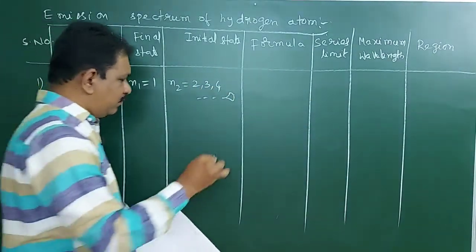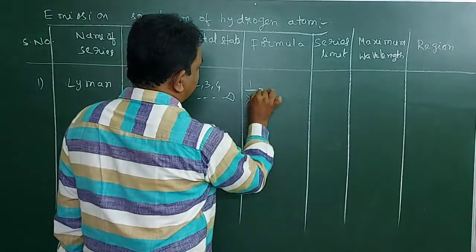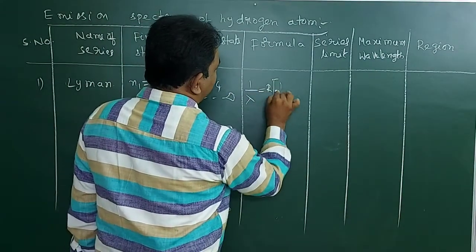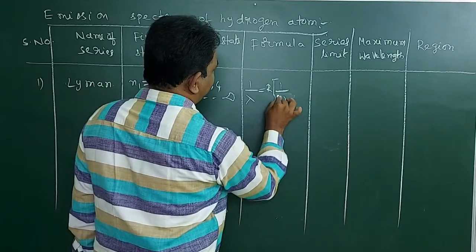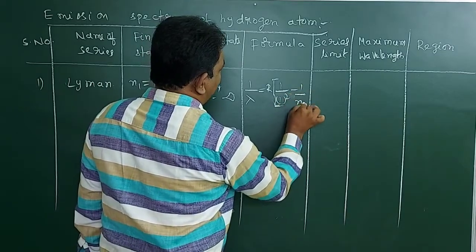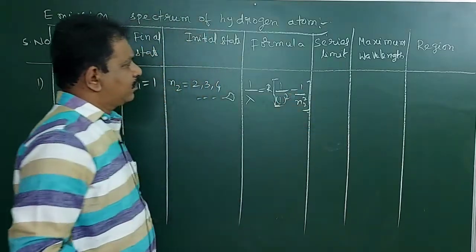What is the formula? 1 by lambda is equal to R into 1 by n1 square, 1 by 1 square minus 1 by n2 square.